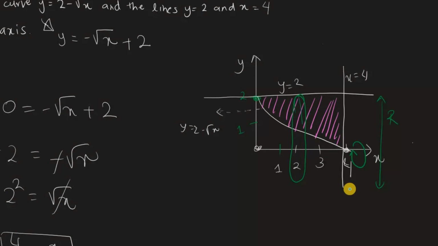So this is the inner radius, and this is the outer radius. This is the whole object, right? So the outer radius would be this.